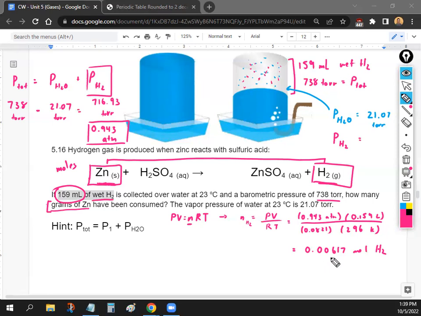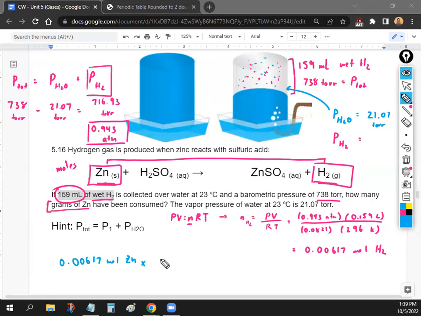All right. Anyway, so we got 0.00617 moles of H2. If you look at the relationship, what's the ratio between H2 and zinc? Yeah, 1-to-1. So we can automatically say this is going to be 0.00617 moles of zinc. Then we finish up by converting it to grams. Pretty simple process, just molar mass.